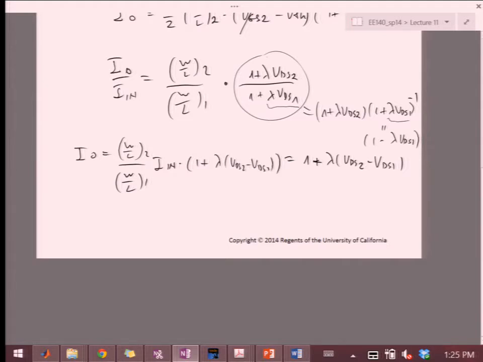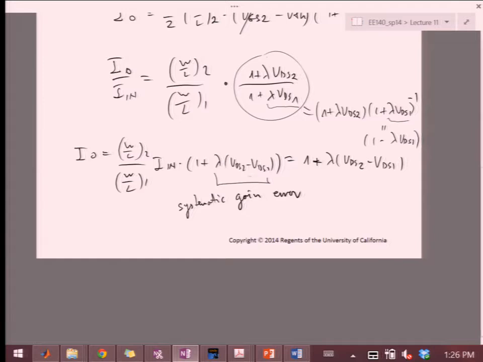Okay. So this piece over here we call gain error, or we'll call it systematic. And for all these topologies, we will be finding essentially what the systematic gain error is.